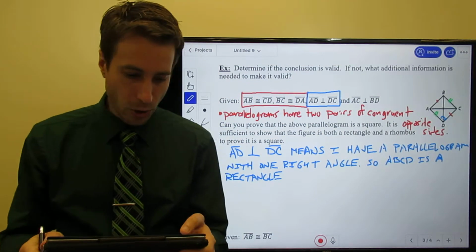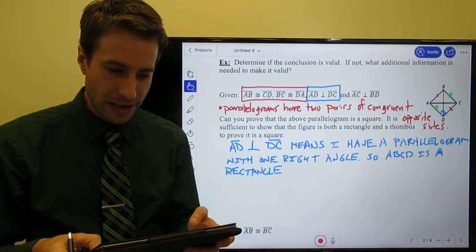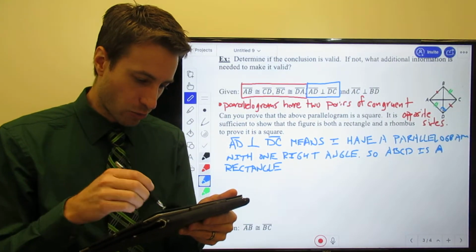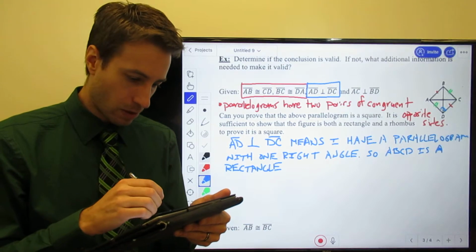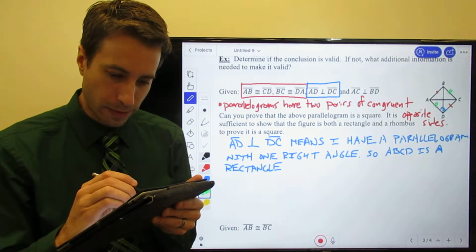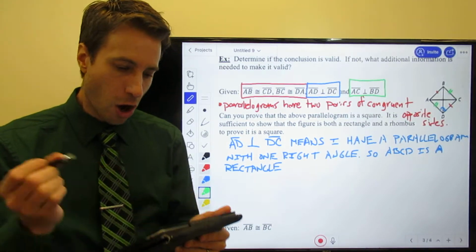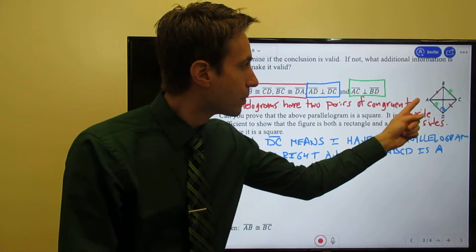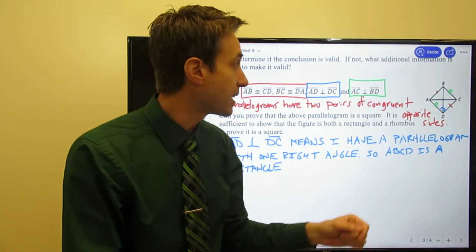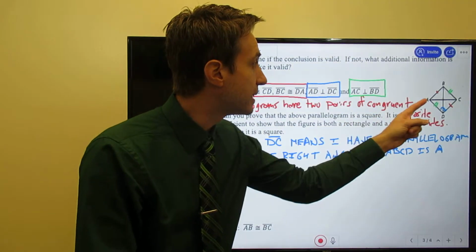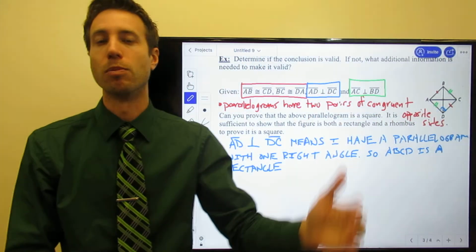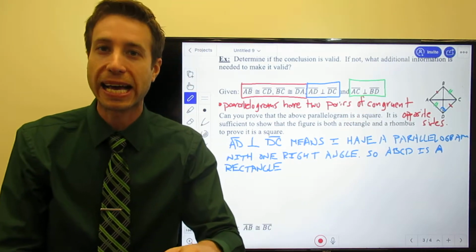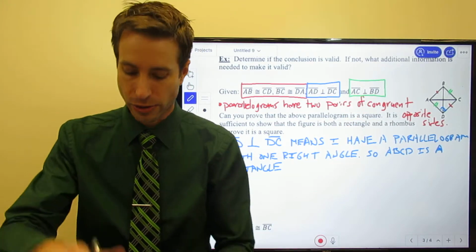Here we go. Let's keep going, because I still have another piece of information, which is right here. Let me pick a different color to write in. We'll go with green this time. All right, what does that tell me? Well, AC is a diagonal. I tell you it's perpendicular to BD. Boom. This piece of information tells you the diagonals are 90 degrees.